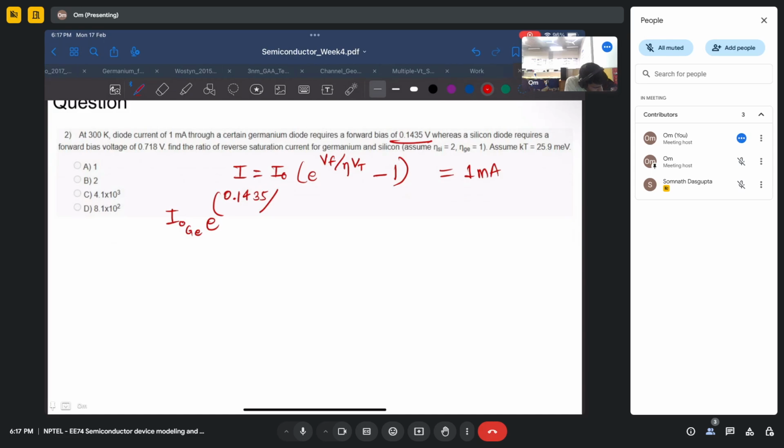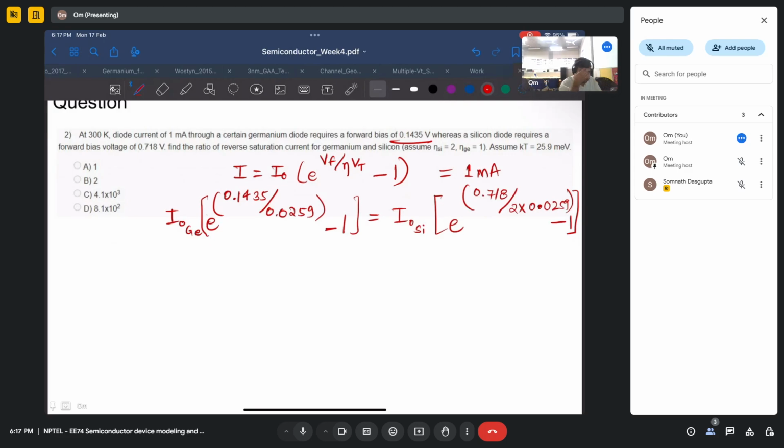Vt is 25.9 milli electron volt, 0.0259, minus 1, equals I naught silicon times e to the power 0.718 upon 2 into 0.0259 minus 1.